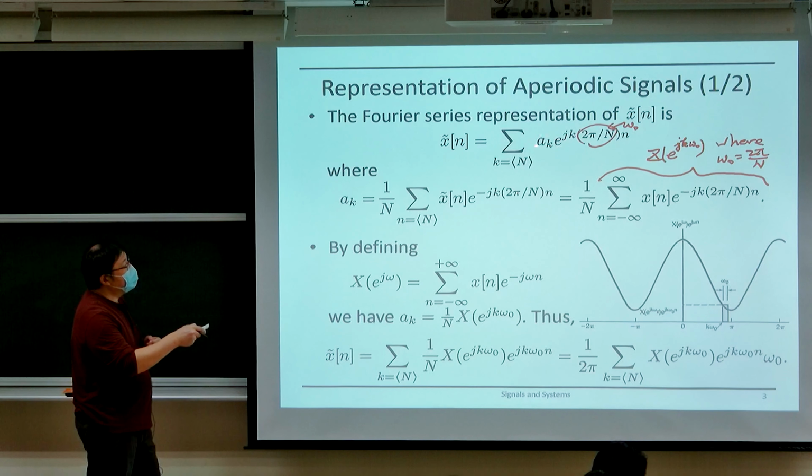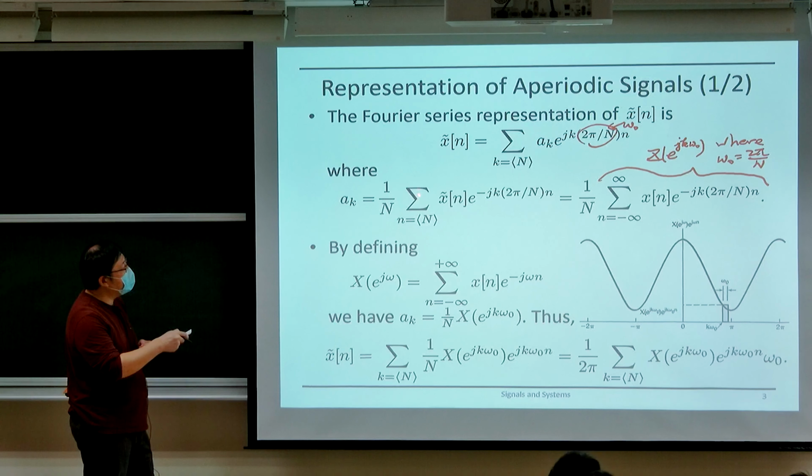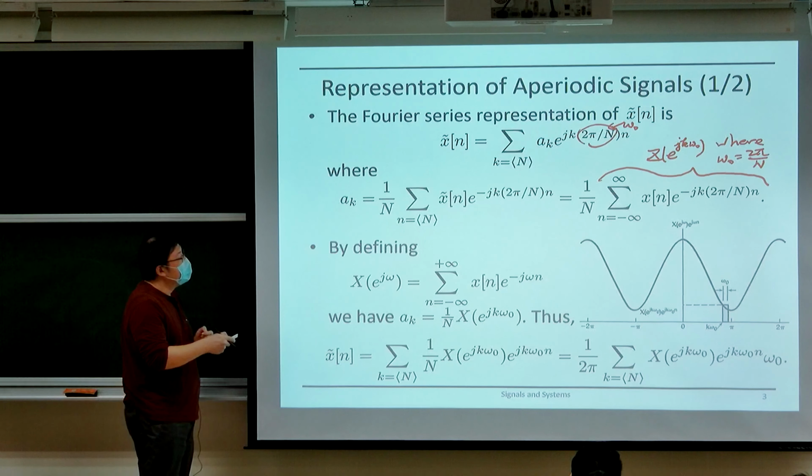And how do you find the Fourier series coefficients a_k? You find it by taking the inner product between x tilde and the complex exponential e to the jk 2 pi over capital N times n.